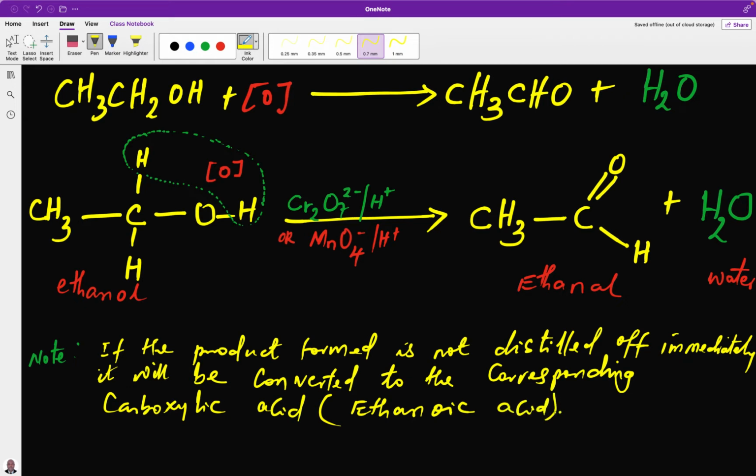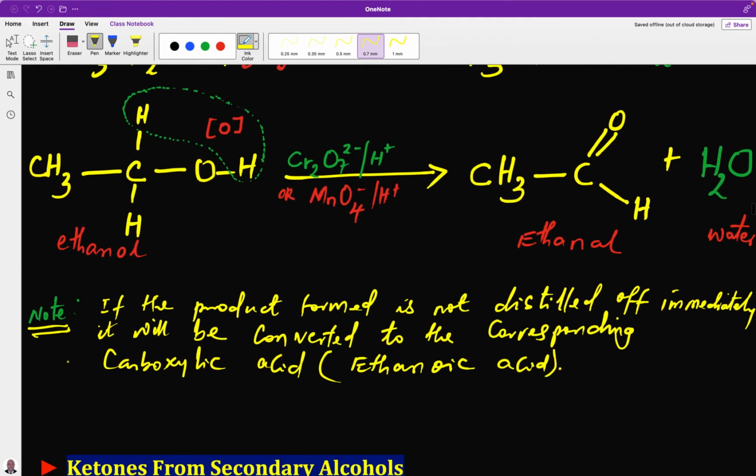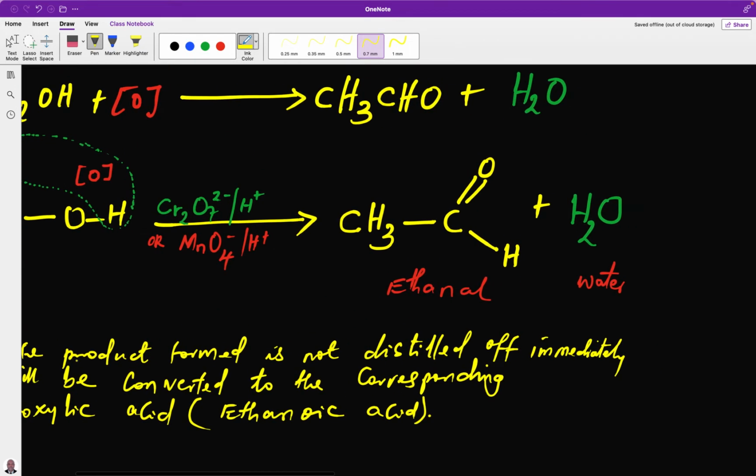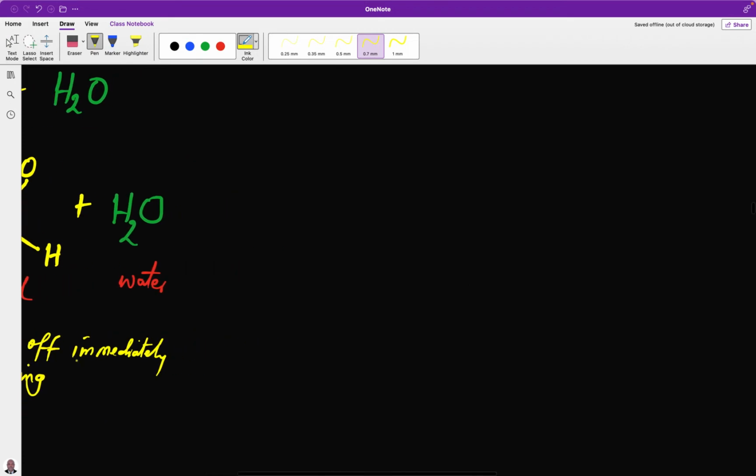I'm saying that if the product formed, that is the ethanal, is not distilled off immediately, it will be further converted to the corresponding carboxylic acid, which is ethanoic acid, and this is how it can be done.